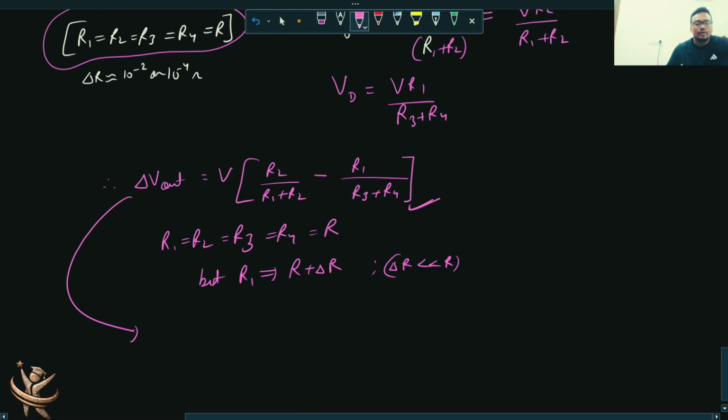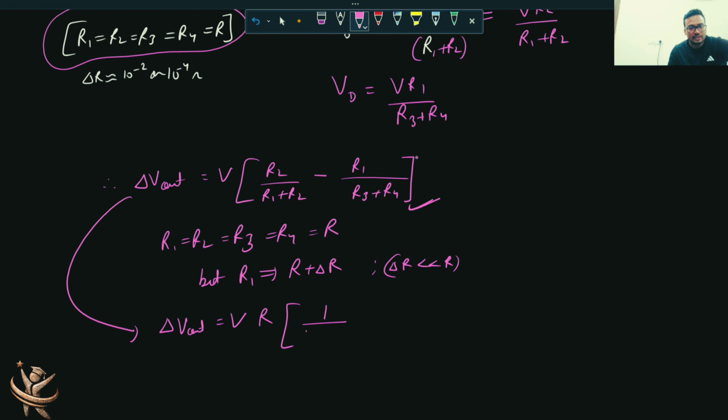Okay, now back to this relation. So delta V out will become V, and you can take R outside, so this will become 1 by, in place of R1 you write delta R plus R, then plus R, minus that, with R3 as R, plus R, like this.